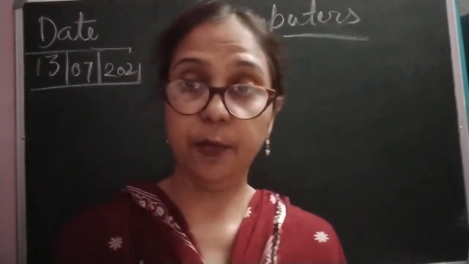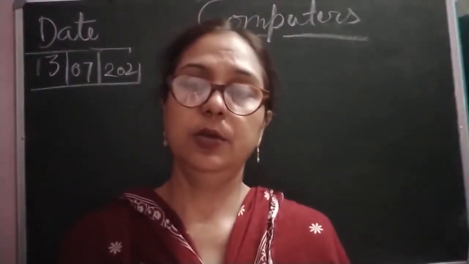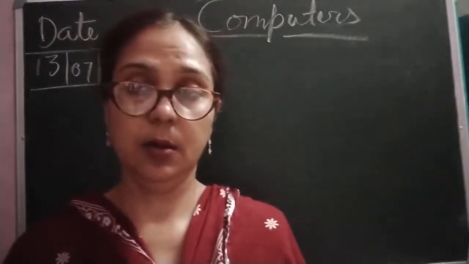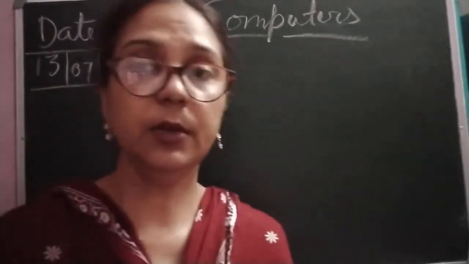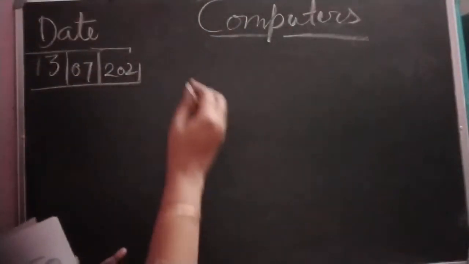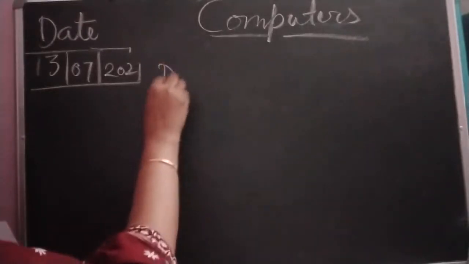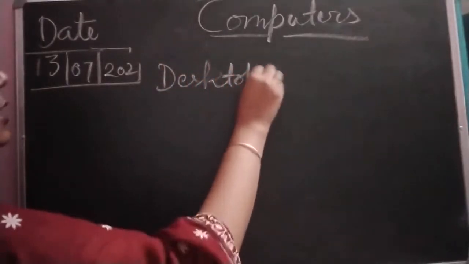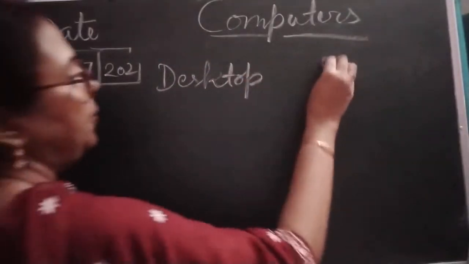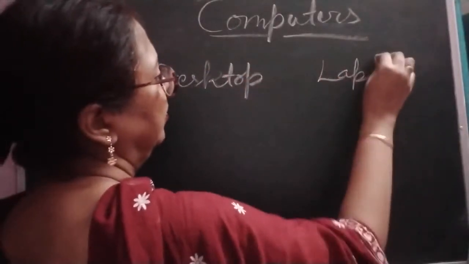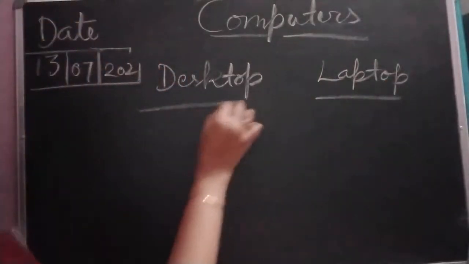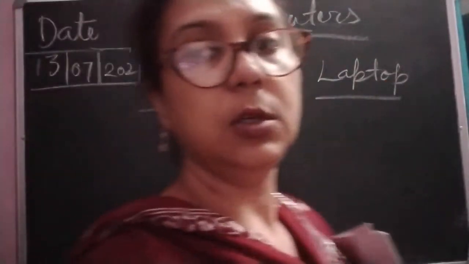Computers are very helpful. Let's learn how many types of computers we are using nowadays. First of all, computers have two types. First is desktop and second is laptop. So first, we should know what a desktop computer is.